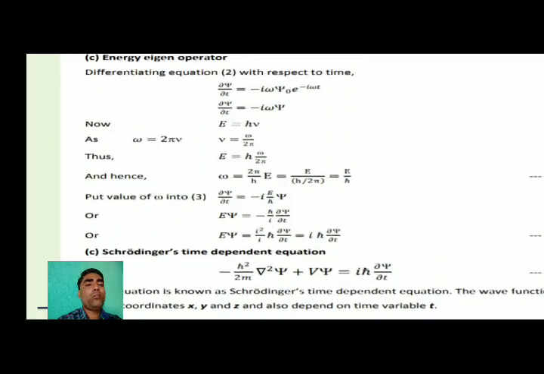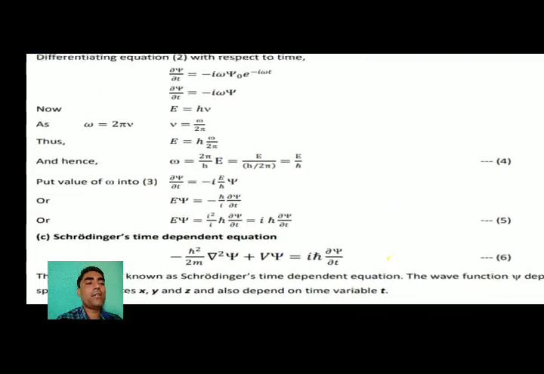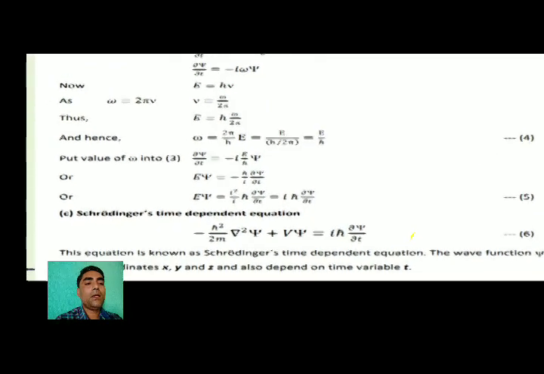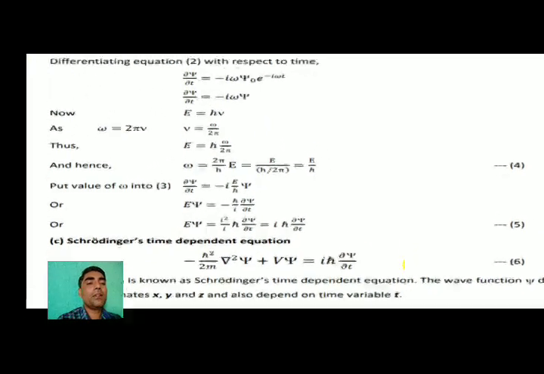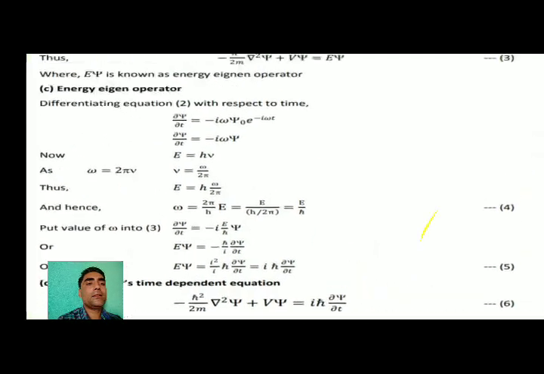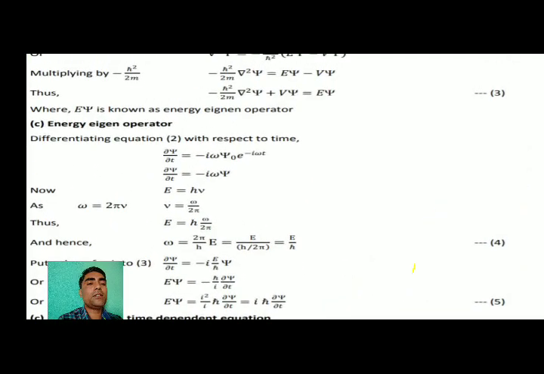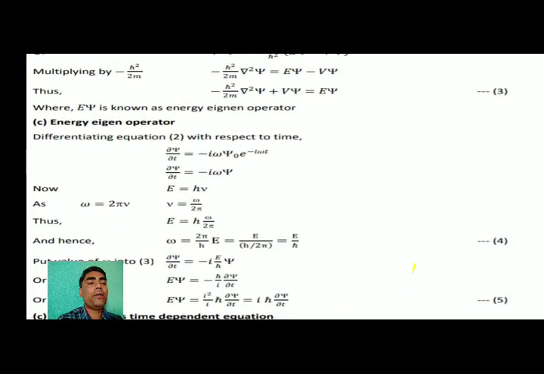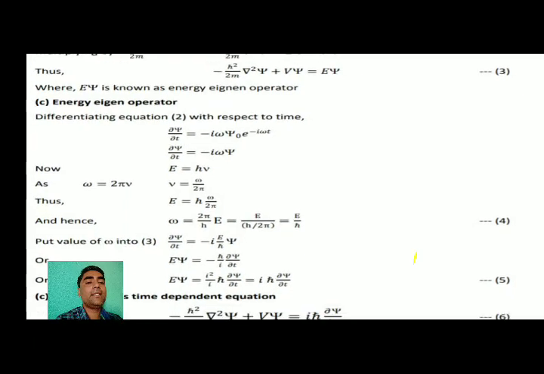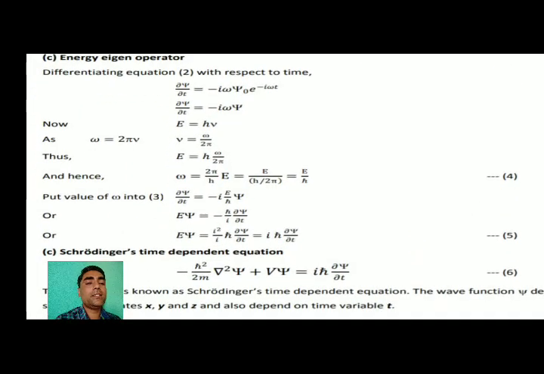So if we replace this E psi from equation 5 into the general form of Schrodinger's wave equation from equation 3, then this second order differential equation becomes minus h cross square by twice m del square psi plus V psi equal to, now E psi is replaced as i h cross del by del t of psi.